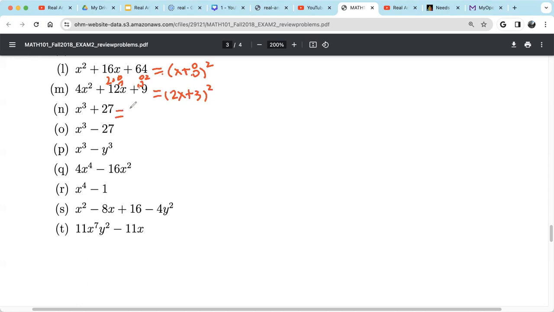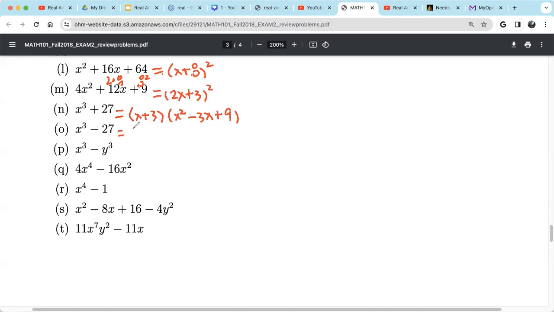This is a sum of two cubes. It's x plus 3, because 27 is 3 raised to the 3. And x squared minus 3 times x plus 3 squared, which is 9. Right, the formula is a cubed plus b cubed equals a plus b times a squared minus ab plus b squared.